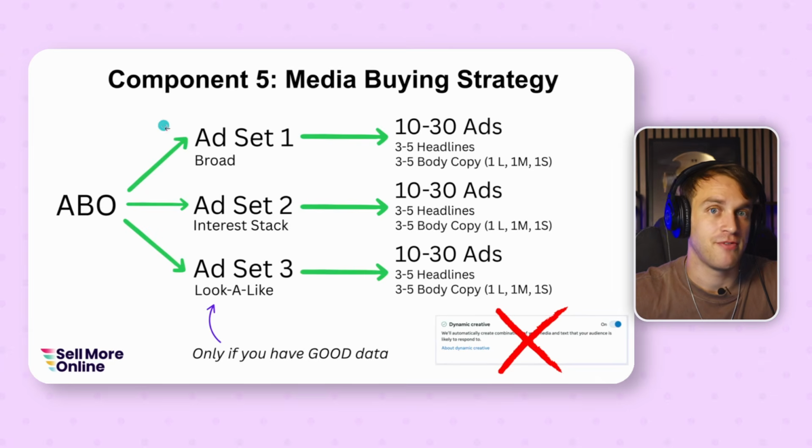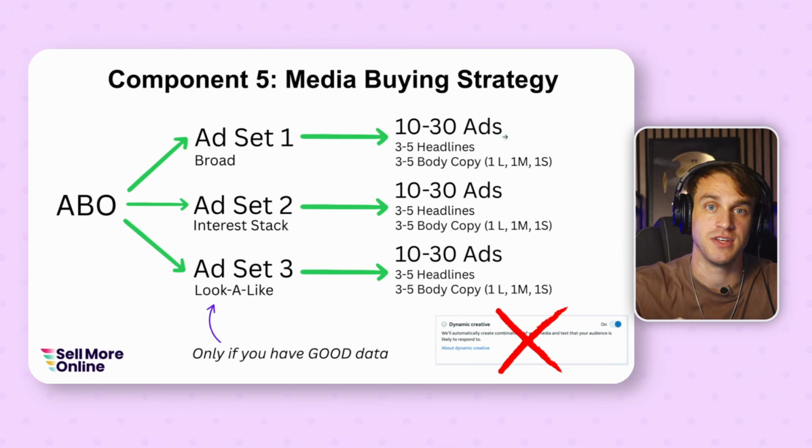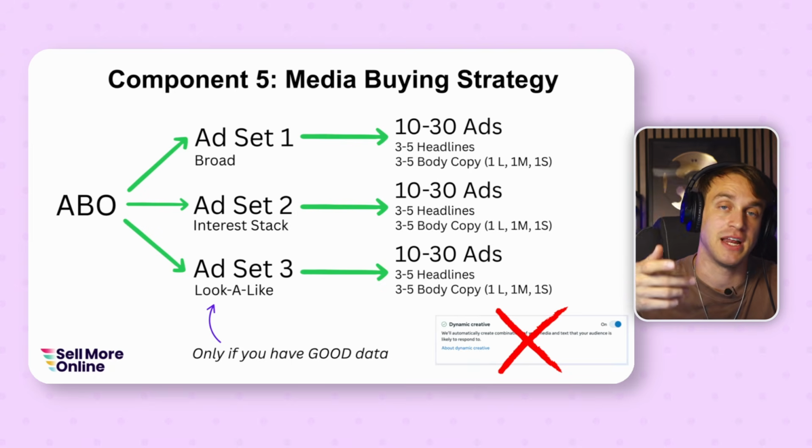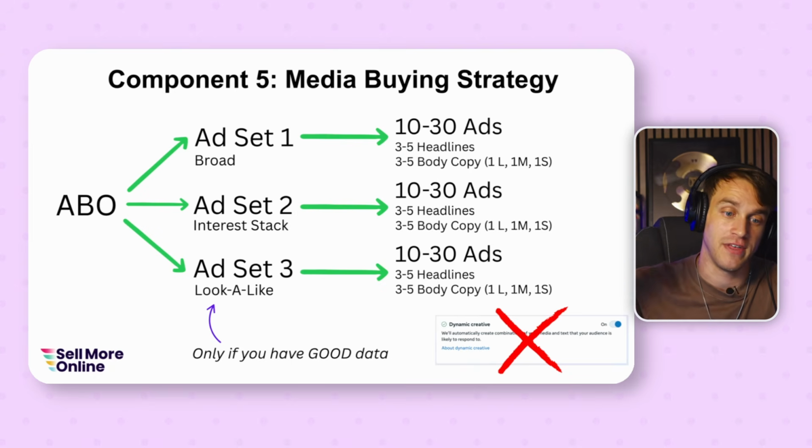And then simply, if we find a winner, we just scale it. Maybe this ad set here with these ads is just winning, so we scale it up. Once it fatigues, we just refresh the creatives. By refreshing the creatives, you duplicate out the ad set and pull out the ads that fatigued, put new ones in, publish it, and let it go.